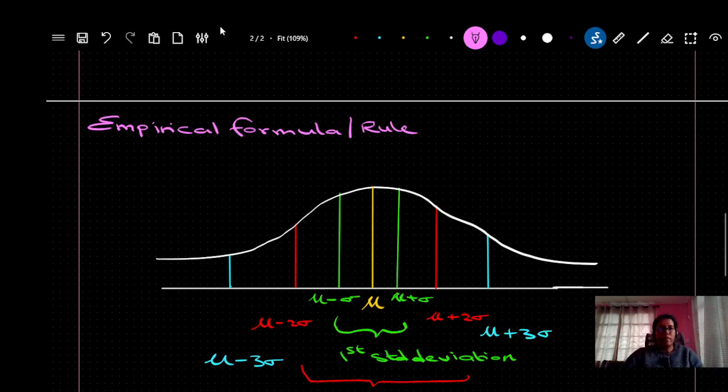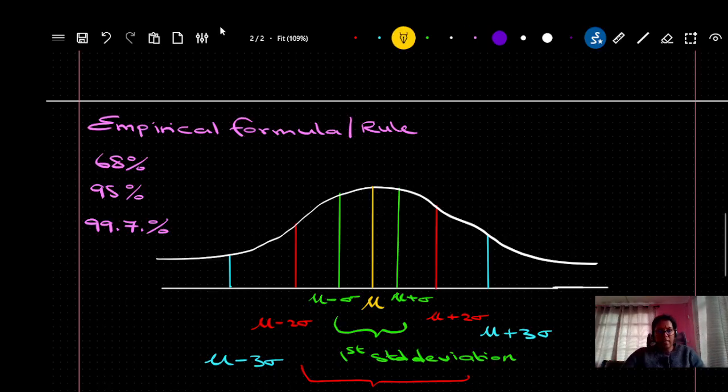You have the 68%, you have 95%, and you have 99.7%. So in this, what we mean is that the 68% is the first standard deviation.